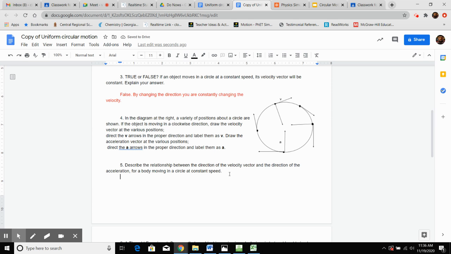So describe the relationship between the direction of the velocity vector and the direction of the acceleration vector for a body that's moving in a circle at a constant speed. Okay, so what is the relationship?